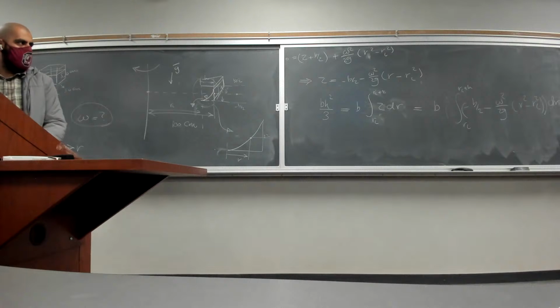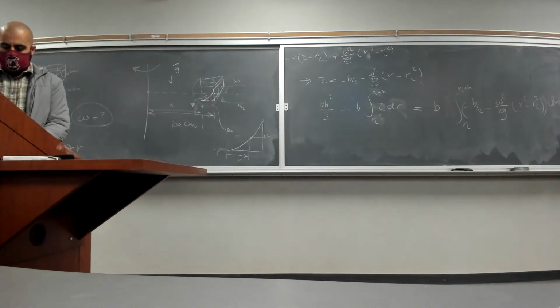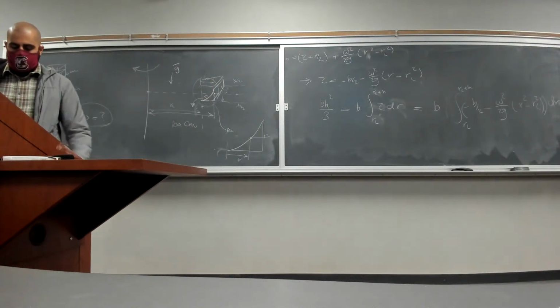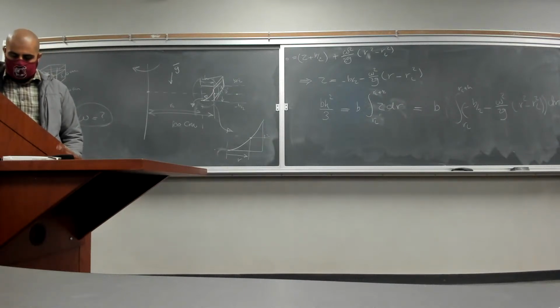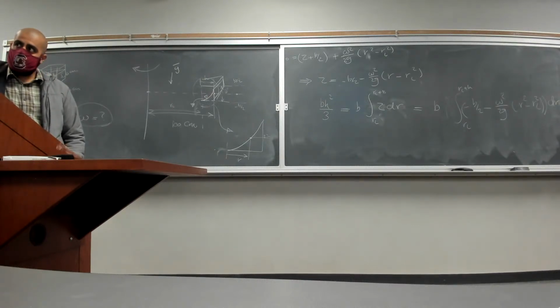So that's it. We just plug in the numbers, and the only unknown here is going to be your omega. You should be able to find the omega. Is this clear?